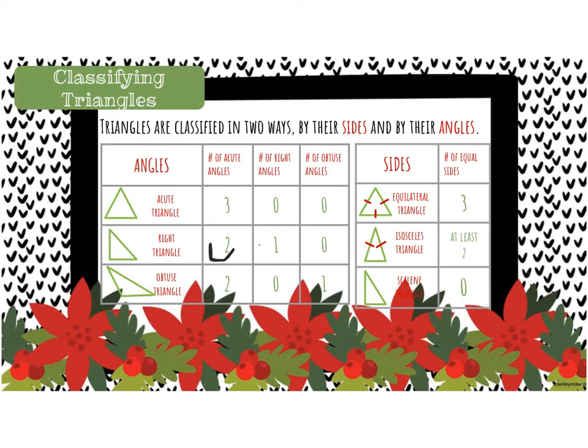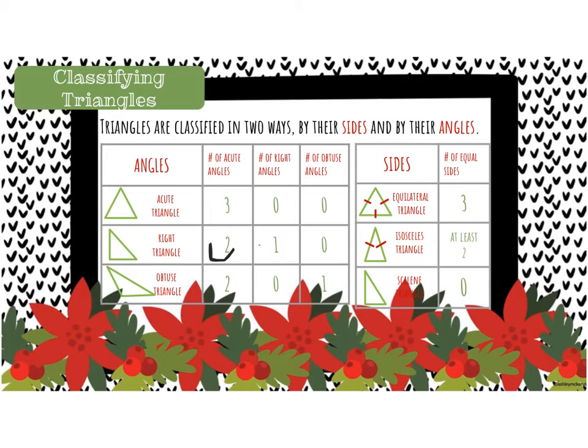All sides are different. If you look at the equilateral, I have a tick mark on every single side of that triangle, which means that all three sides are equal. For isosceles, two sides are equal, and for scalene, zero sides are equal. How are we feeling so far? Ready to move on?